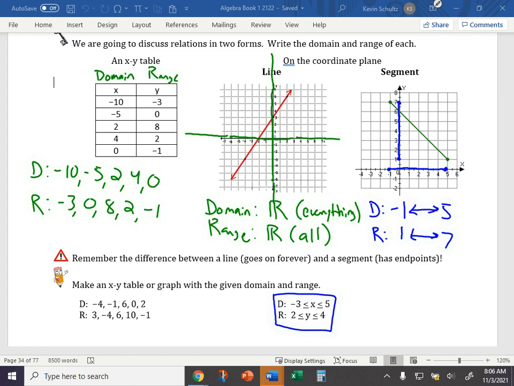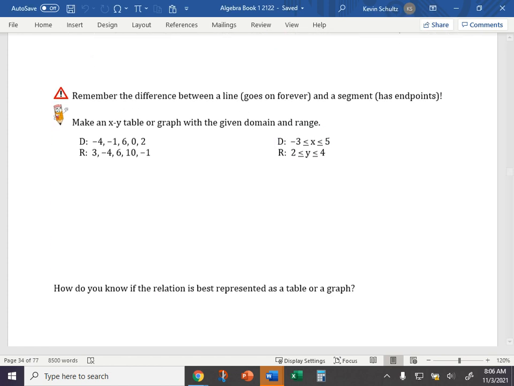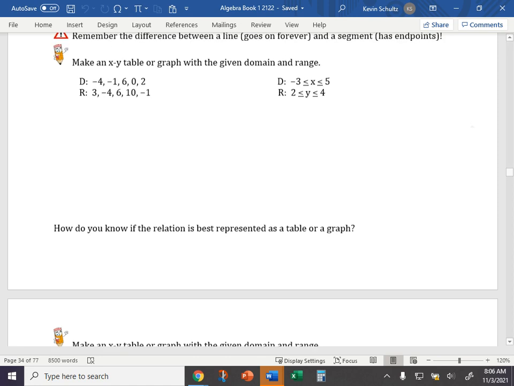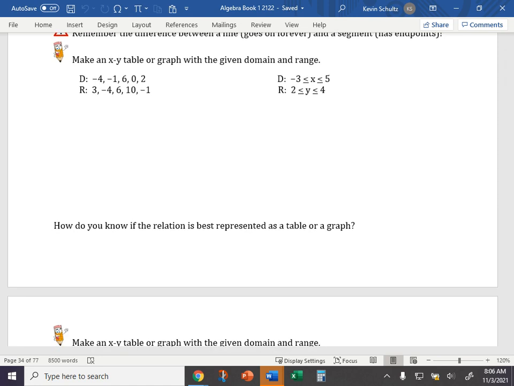So looking at the practice here, it says make an XY table or graph with the given domain and range. What's this going to be? Is this going to be an XY table or a function table, or is it going to be a graph? Kylie? It's going to be a function table, an XY table. Why? What about the way that is presented to you tells you it's going to be a function table rather than a graph?